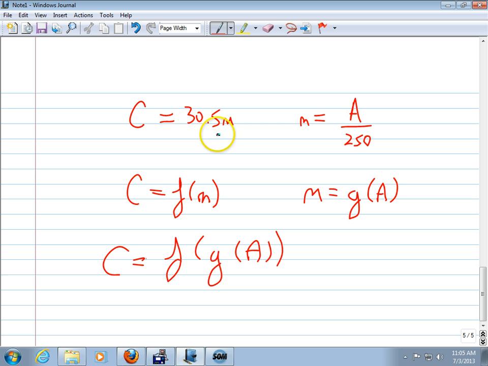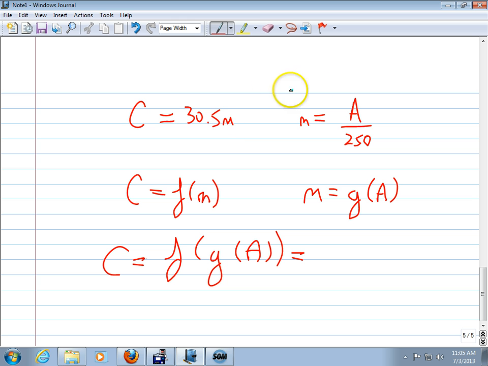But what if I don't want to do all of that? What if I just want to do this in one fell swoop? What do I do? I'm going to plug this into here, because n equals that stuff.